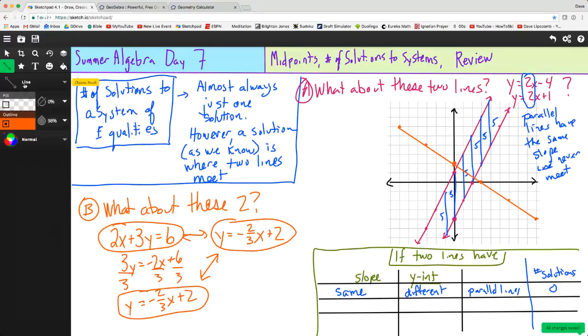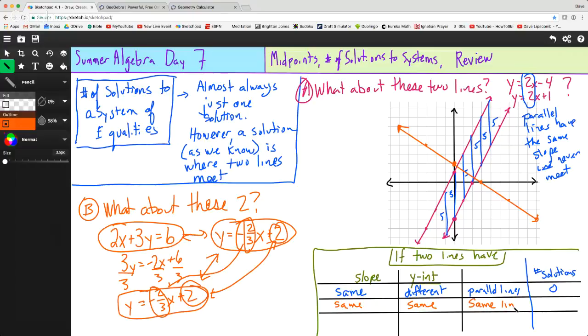It turns out that these lines are the same line. So if lines have the same slope and the same y-intercept, and they have the same, include the negative sign, Mr. Lipscomb, negative 2/3, they have the same slope. These are the same. They're not parallel lines.